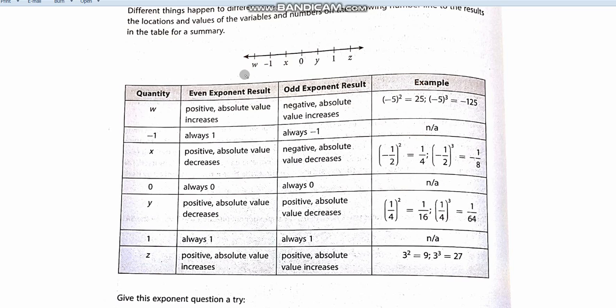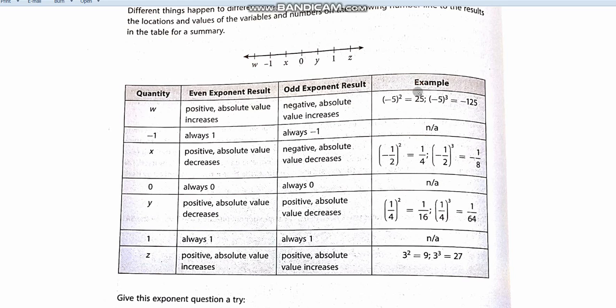If you have an even exponent, that means a 2, a square, 4, or 6, the negatives will cancel each other off. If you have an exponent of 4 here, the negative will cancel.